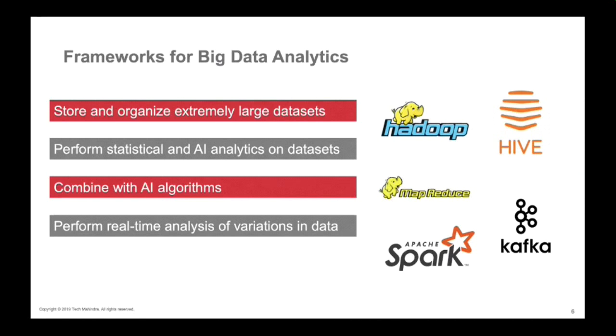They let you perform statistical and AI analytics on these data sets. Often this is in conjunction with AI algorithms or AI frameworks too. You'll very often find Hadoop as well as, say, TensorFlow going together. And the final thing is that it lets you perform both post-processed as well as real-time analytics of variations in data.